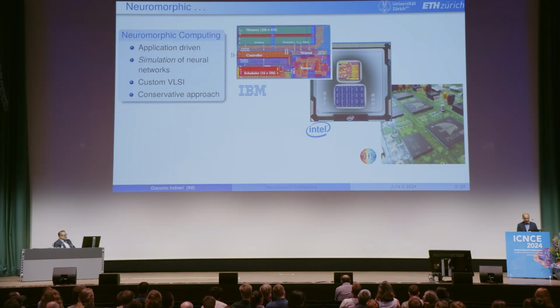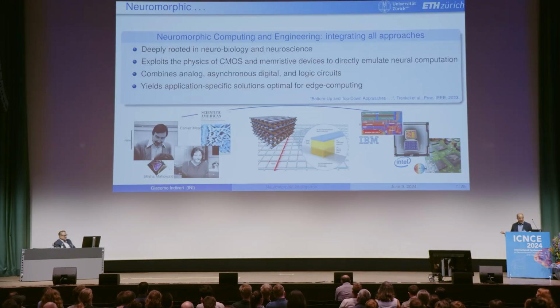But what is nice to see is that with this conference, the community is realizing that it's important to combine all these approaches together. We've heard of the importance of this multidisciplinary approach. So by using the neuromorphic engineering approach, which is deeply rooted in neurobiology and neuroscience, by exploiting the physics of CMOS, but also now the physics of emerging memory technologies and other materials and devices, and combining analog and asynchronous, really there is a hope that we can go one step further close to natural intelligence using artificial intelligence methods and electronics.